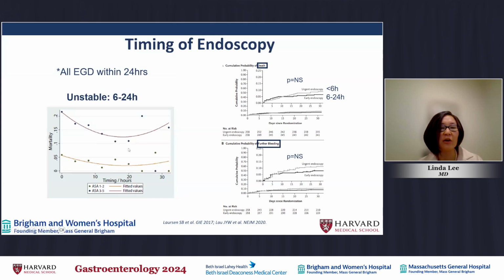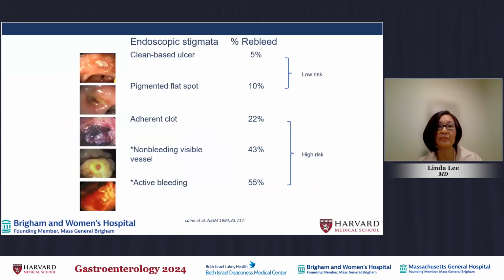And in fact, if you look at the left side of the slide, patients who had upper endoscopy performed very quickly within 6 hours in this study seemed to actually have a higher mortality rate that was attributed to patients not having been adequately resuscitated before the GI went in and performed the endoscopy. So again, it's very important to make sure that that's done before we perform the endoscopy within 24 hours.